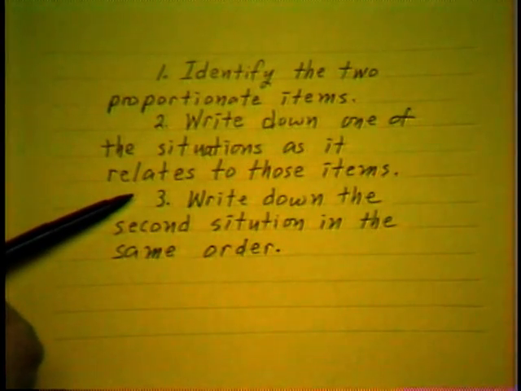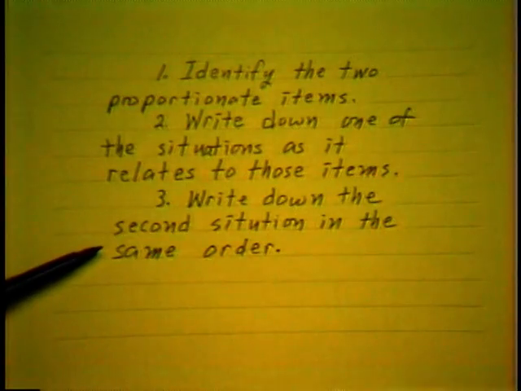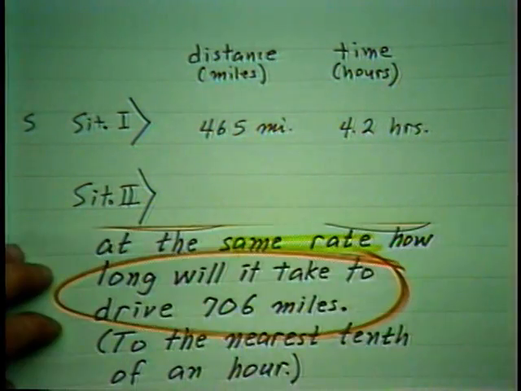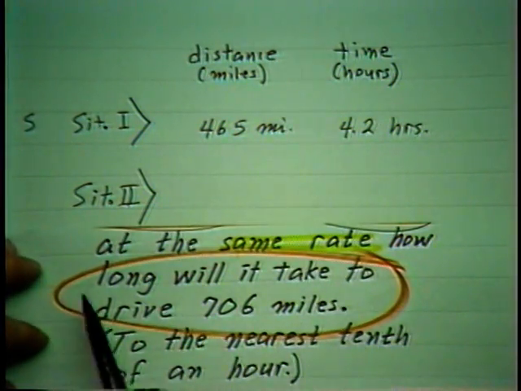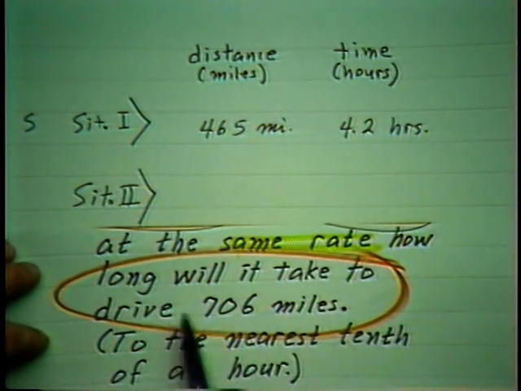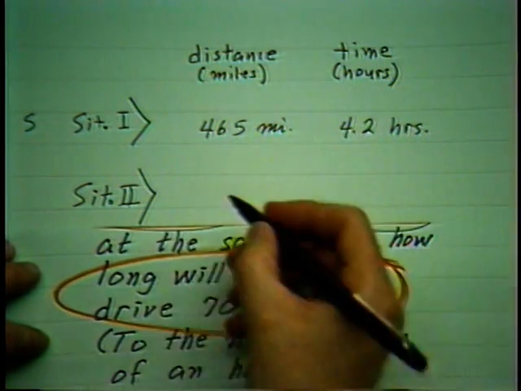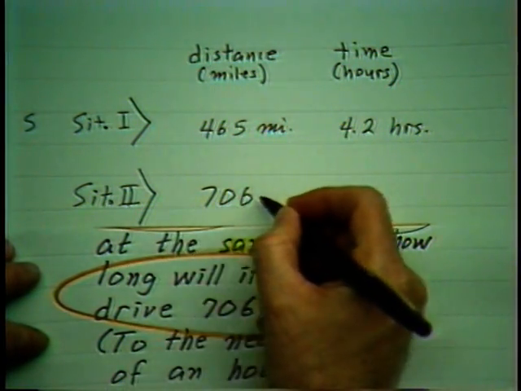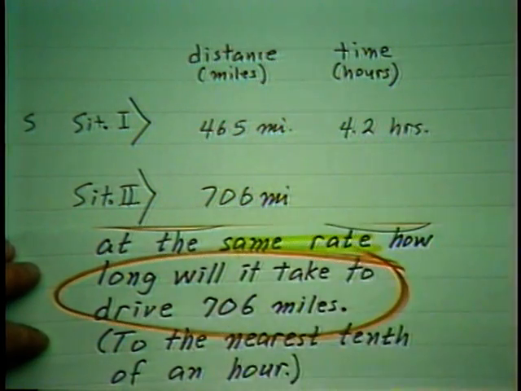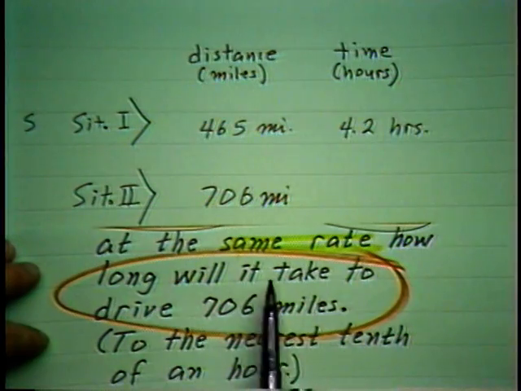Next, we will write down the second situation in that same order. Now, in the second situation, we want to know the distance. Well, that's 706 miles. So since miles is written first here, it will be written first here. Then we wish to know the time, but that's what we don't know. It says how long.